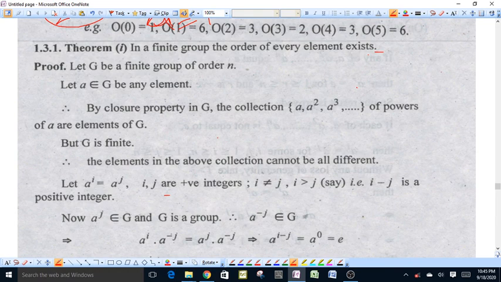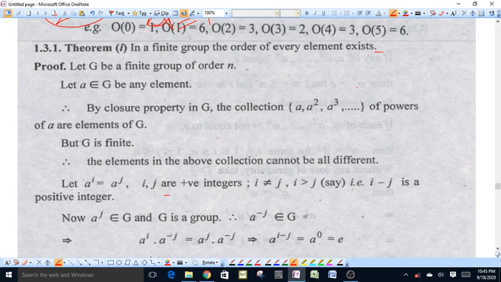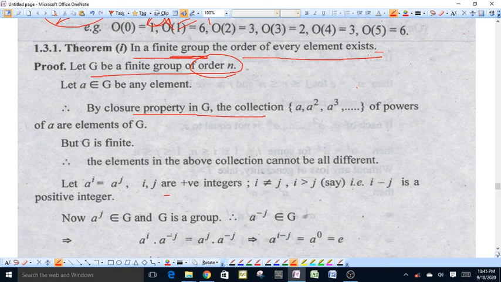This means order of any other element of this group does not exist. And we have a very important theorem in this regard. Suppose that we have a group G and G is a finite group. Then in a finite group G, the order of every element exists. Suppose that G is a finite group of order n and a be an element of G. Then by closure property, a square, a cube and so on will be elements of group G. But G is a finite group.